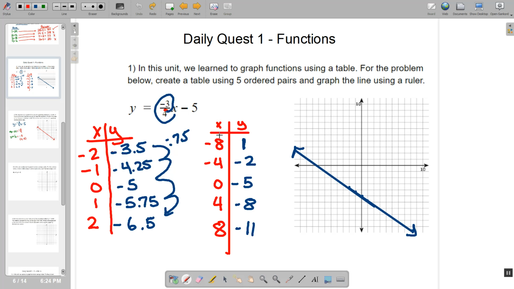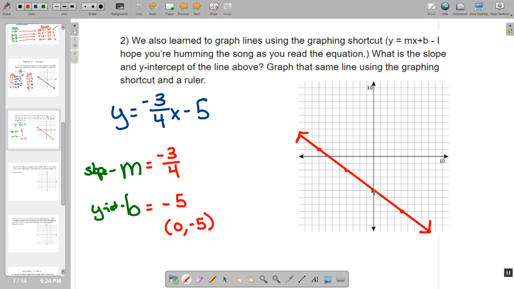So the reason why you skip count by the denominator is that what you're actually doing is using the slope to find the next ordered pair. So if you get comfortable with these problems, you can actually do the second problem first and use that to make the table for the first problem.